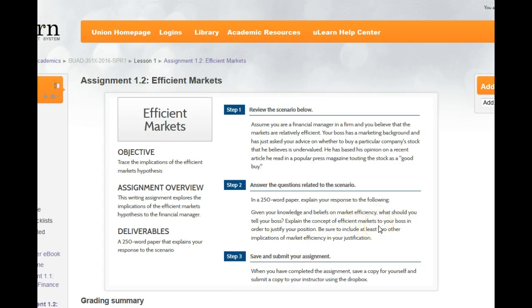Now, you may have to do some research on that, and I would encourage you to go out and read about market efficiencies. Okay? Again, you're going to write up a 250-word paper. Please use APA for citation. And just relax and write out your thoughts. There's no right or wrong in this. Okay? This is your opinion and what you found. Now, you need to back it up with what you find in your research.